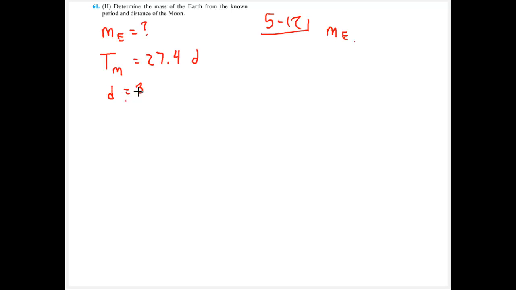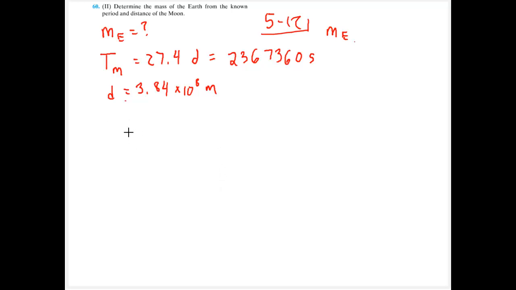That's going to be 3.84 times 10 to the 8th meters. Let me just real quick convert the days into seconds. You can do that on your own. It's going to be 2,367,360 seconds.